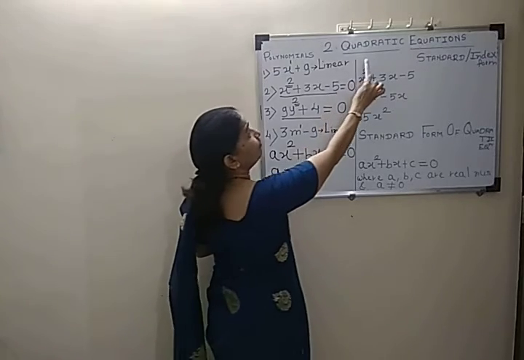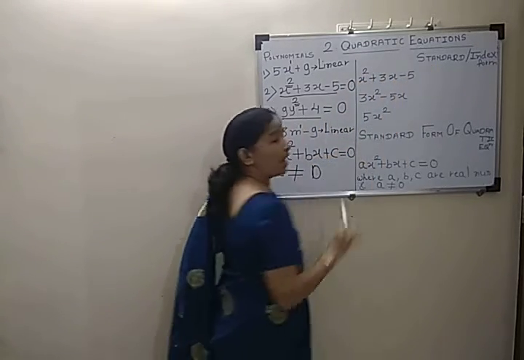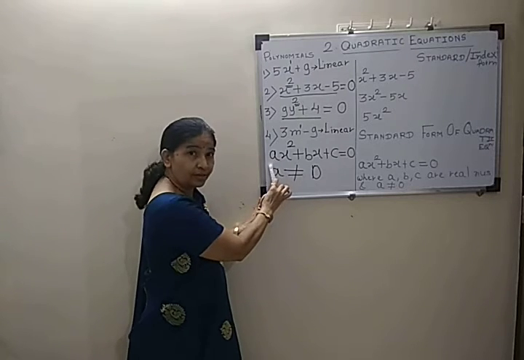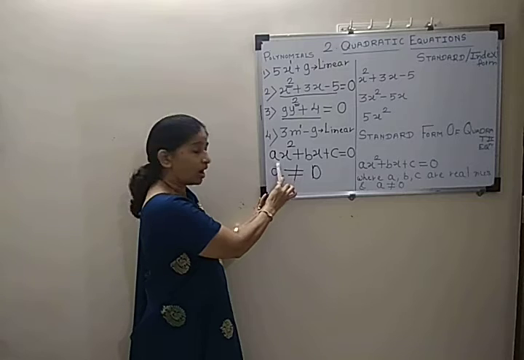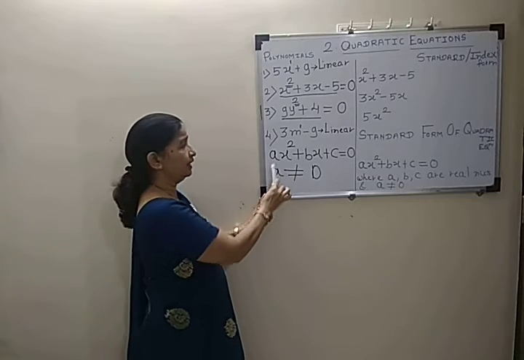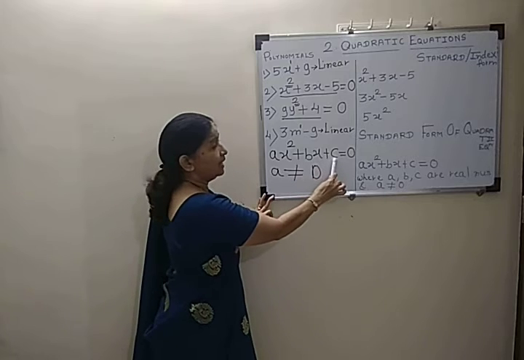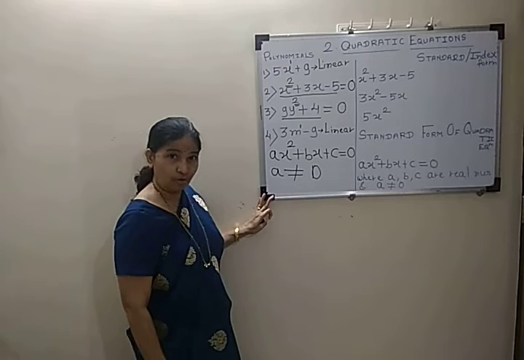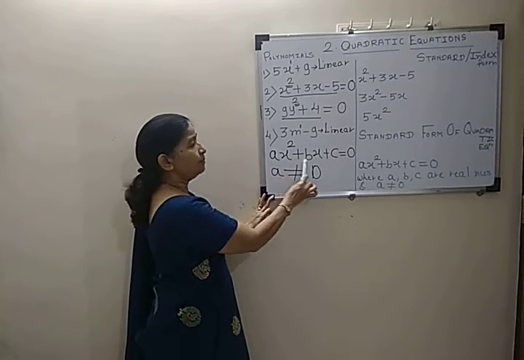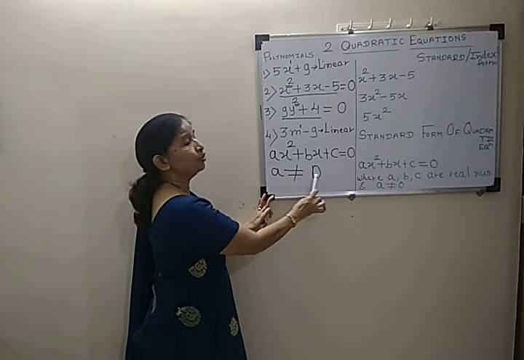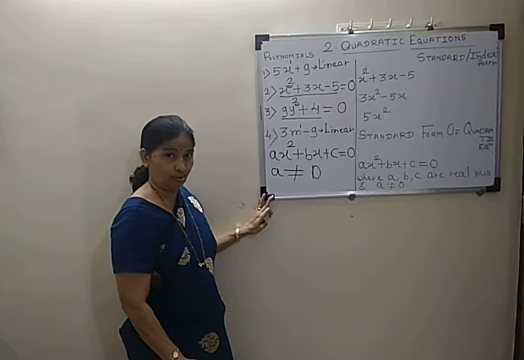So today we introduced the quadratic equation. The standard form of a quadratic equation is ax square plus bx plus c is equal to 0, where a, b, c are real numbers and a should not be equal to 0.